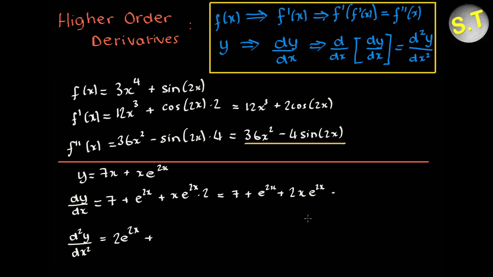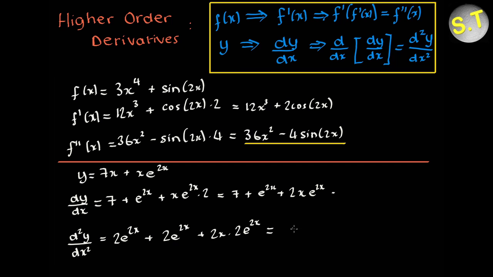So again, using the product rule, the derivative of 2x is 2, and we leave the second part alone, plus leave the first part alone, 2x multiplied by the derivative of the second part. And again, by using the chain rule, we know that that is 2 e to the 2x.